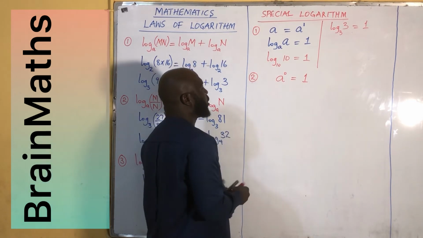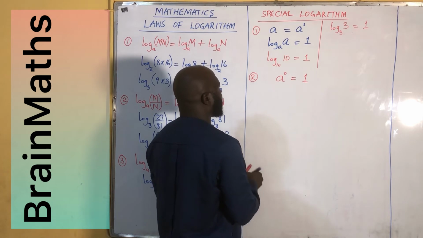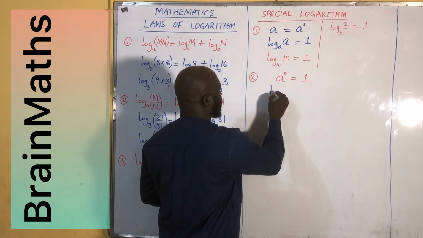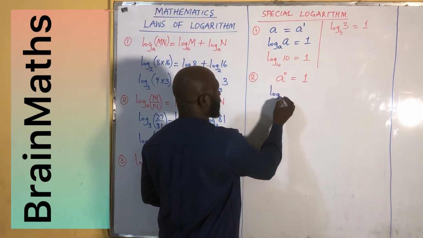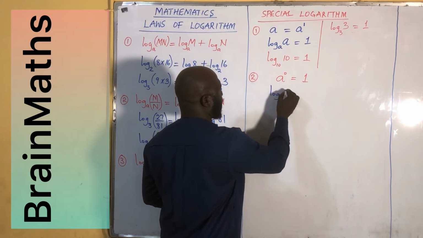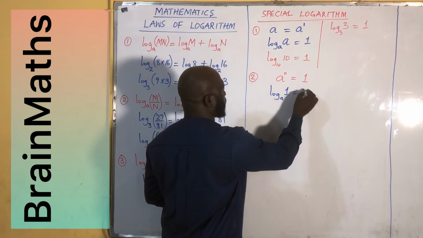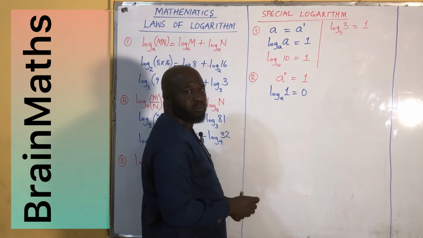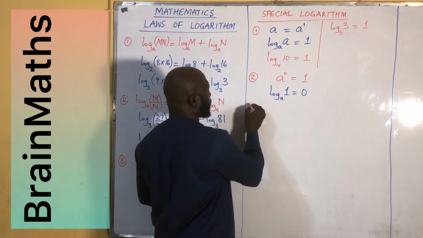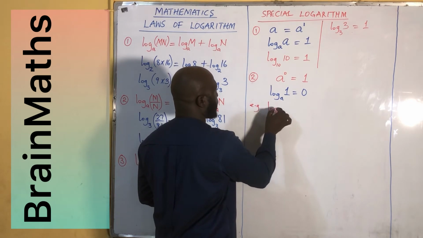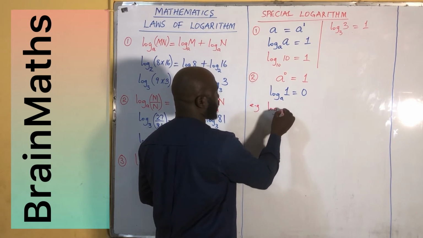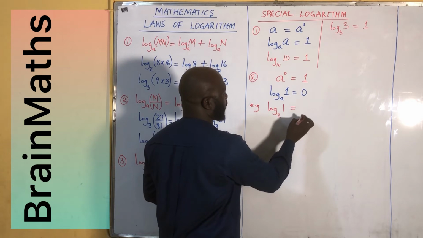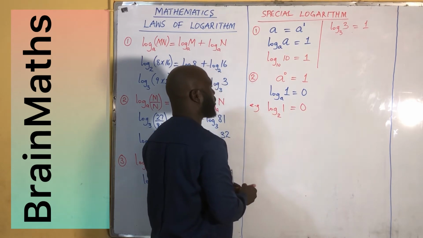So for this, if you want to write the logarithm for this number, it is going to be logarithm to the base a of 1 equals to 0. So this is another special logarithm. For example, if you have logarithm to base 2 of 1, the answer will give us 0.